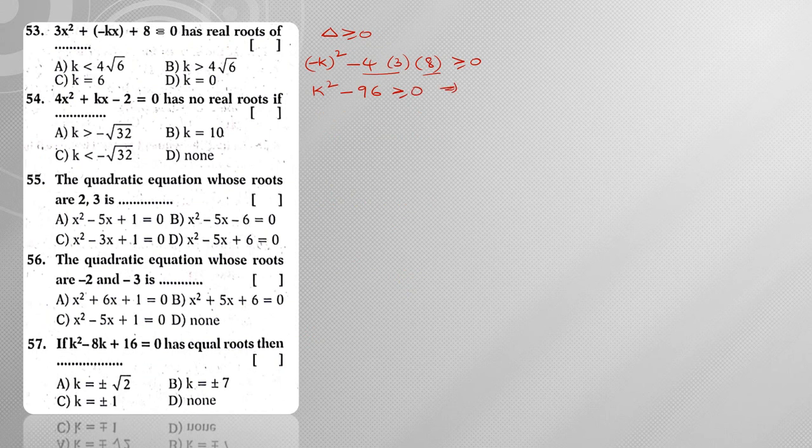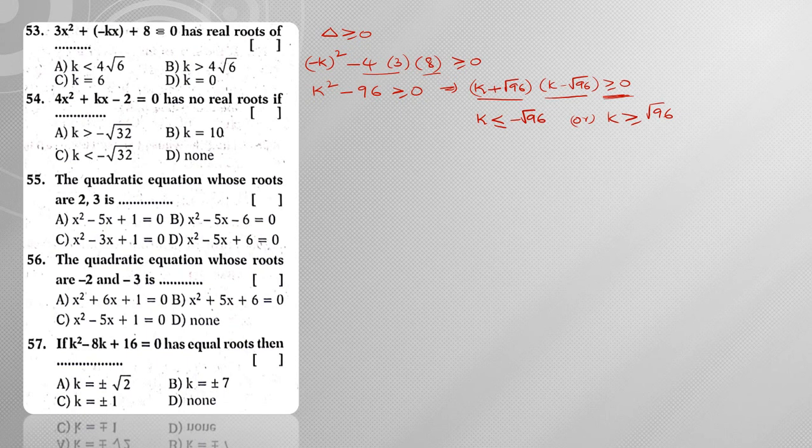Right. So now 96, I can write as 16 6s are 96. Based on that I can write this as (k plus root 96) into (k minus root 96) greater than or equal to 0. So whenever you are having two factors and it is greater than or equal to 0, then I can write it as k less than or equal to minus root 96 or k greater than or equal to square root of 96.